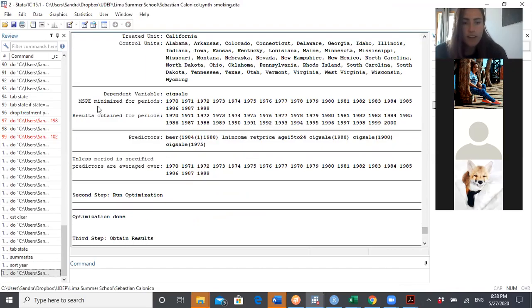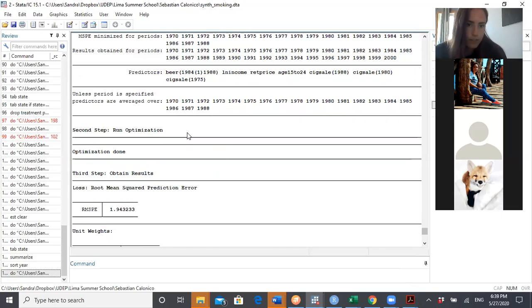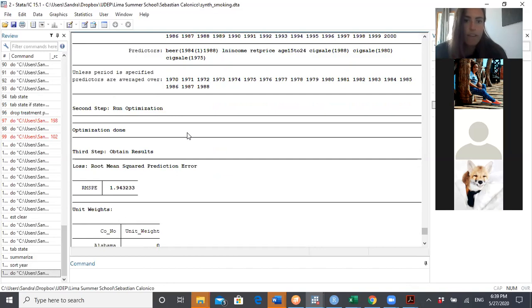Mean square prediction error is minimized for periods 1970 to 1988, right? Those are all of our pre-treatment periods. And they obtain results for all of the years 1970 to 2000. Okay, and then these are our predictors. They're averaging over 1970 to 1988, unless specified otherwise, which we did for beer.